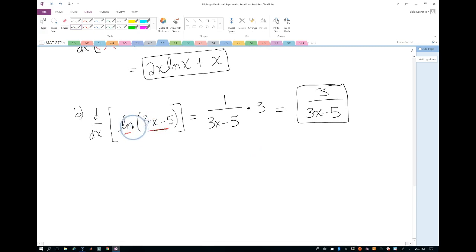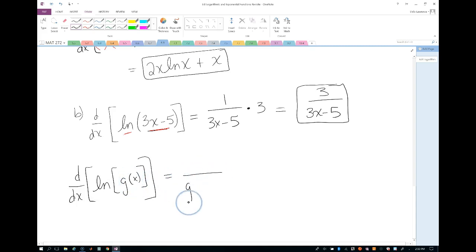There are quite a few problems where we don't just have a plain old simple linear x inside of our log. So you may have also in the past seen a formula specifically devoted to this type of derivative. If we want to take the derivative of the natural log of some function, the rule is with that function, its original always goes in the bottom, because that's a rule for taking derivatives of natural logs.